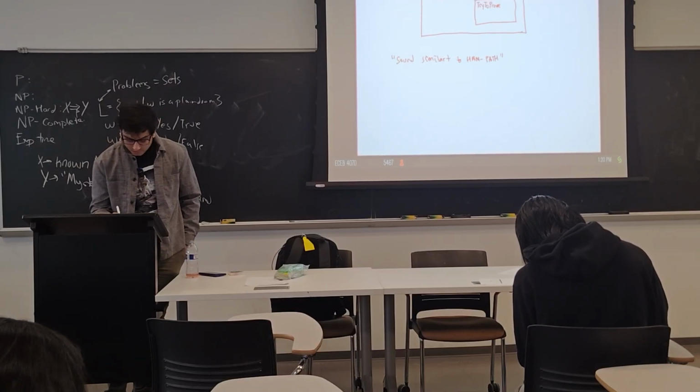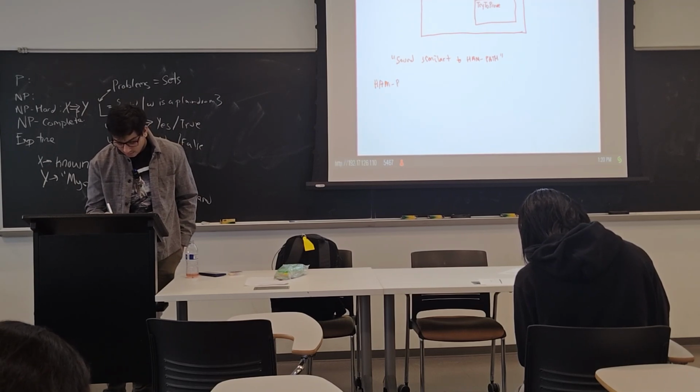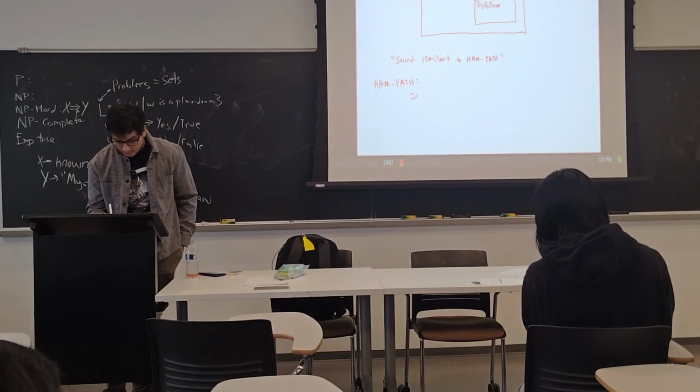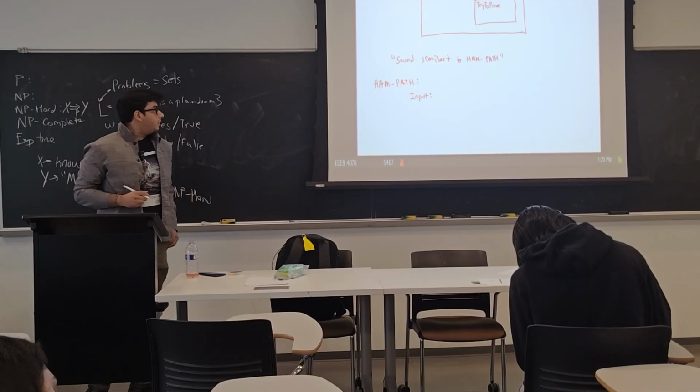And then this is just for your sake, just to make sure we're clear on the definitions. The Hamiltonian path problem takes as input, you wouldn't need to write all this on an exam, but I want to be clear what you need.